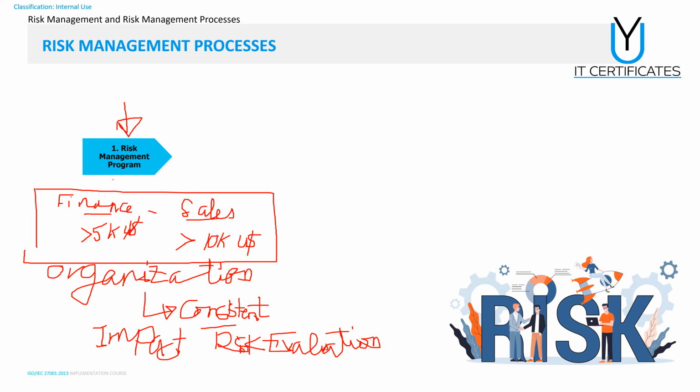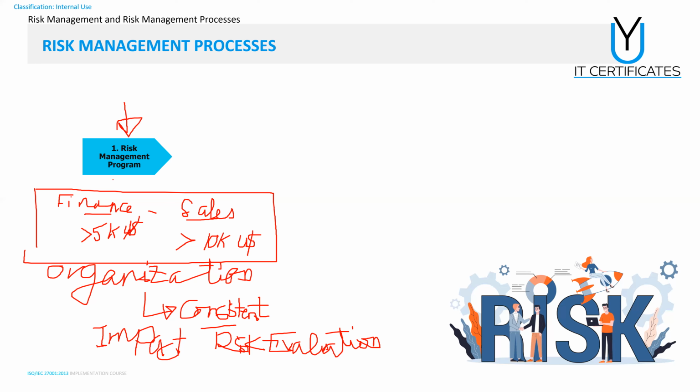It will define the details of all the steps: how you evaluate the risk impact, how you accept the risk, which risks are considered high or low, and the classification of these risks, and their probability or likelihood.